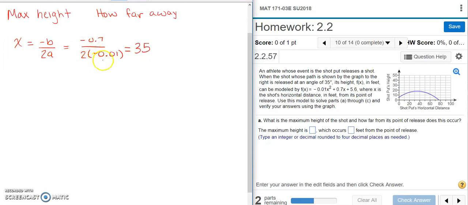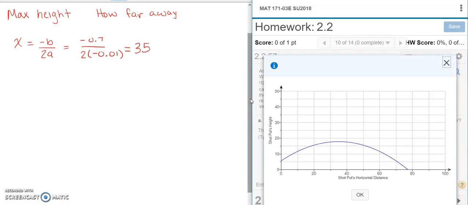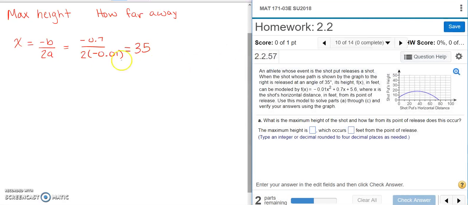But if you type that in, x is going to end up being 35. Now we have to be really careful. 35 is not the maximum height. 35 is the x value, meaning the horizontal distance is 35. The height we find by actually plugging in to the function.